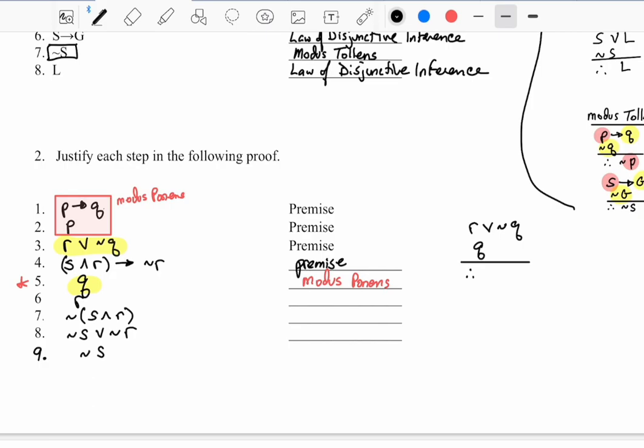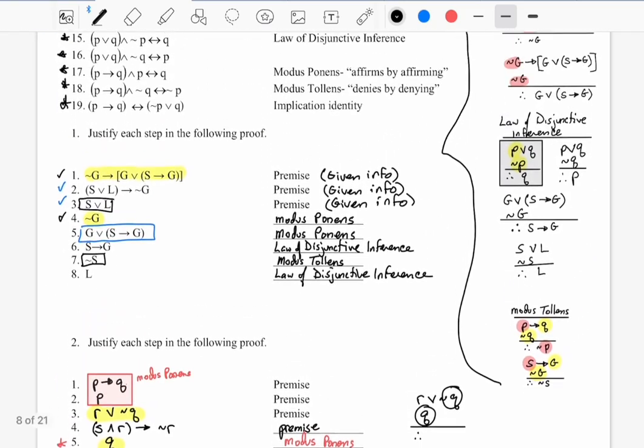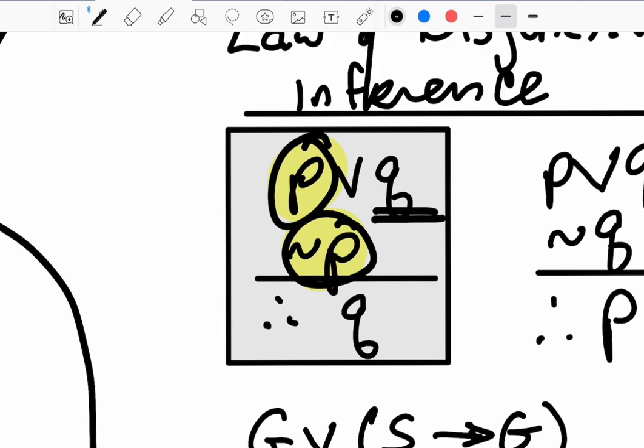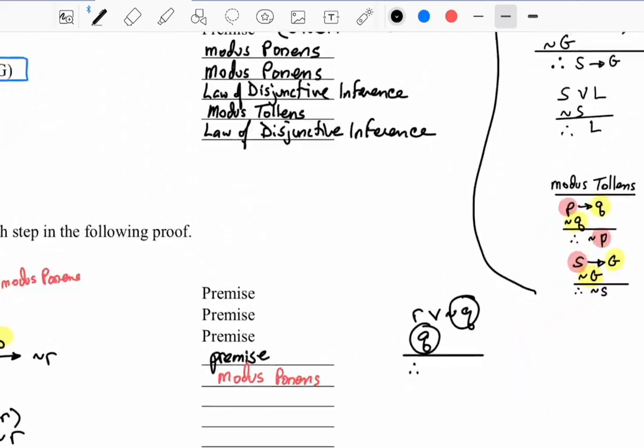We kind of look at these as canceling one another out. We had two opposite components. One contradicted the other, so the remaining part of the or must have been true.